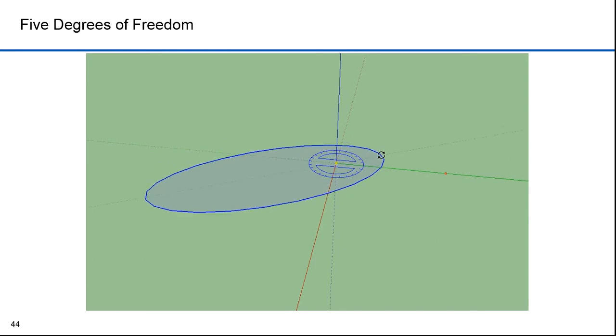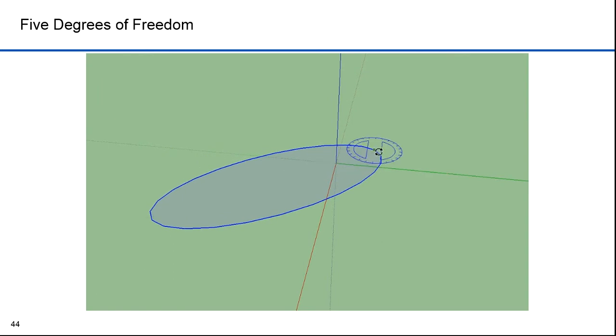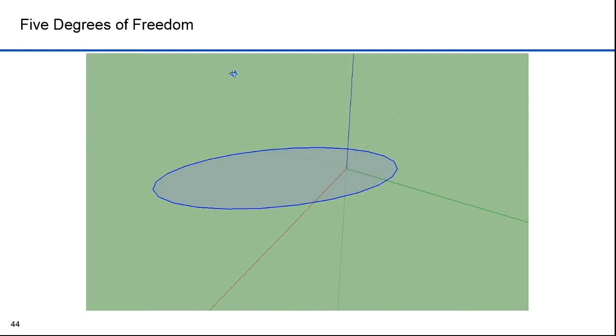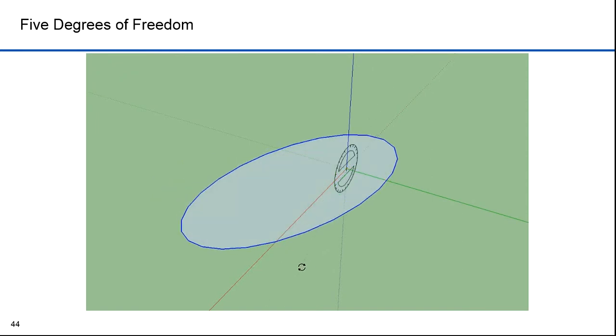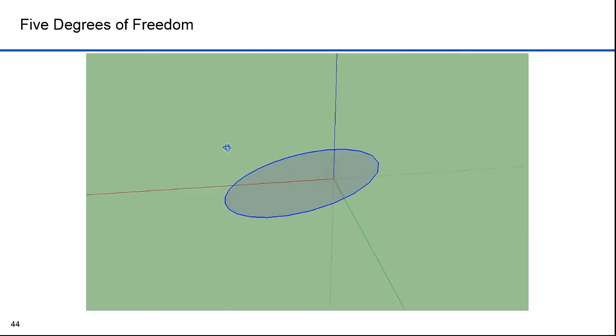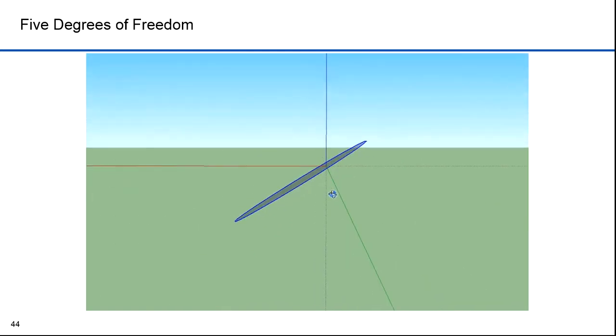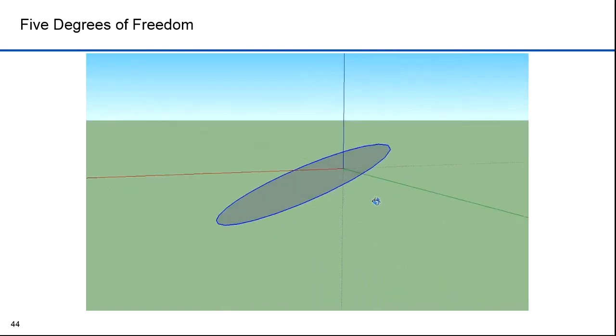We start with a rotation around the z-axis, like this. And then we make a rotation about the x-axis, like this. So you can see the orbit has some tilt to it, which we call inclination.